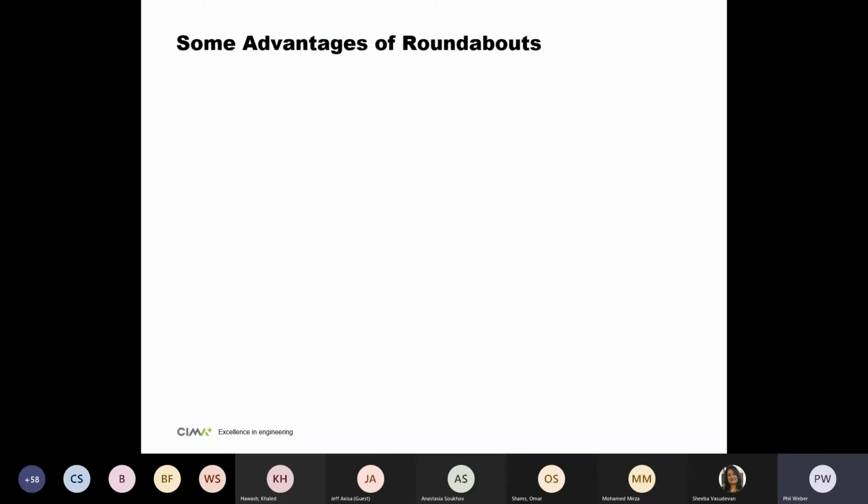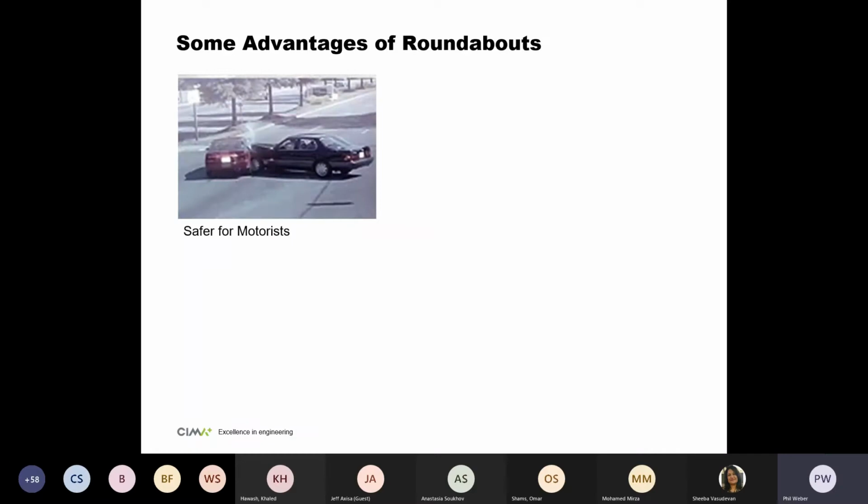First of all, some advantages and disadvantages of roundabouts, just to give a very quick high level, and I'll keep this to just 2 slides. One of the big advantages, and a reason that road agencies are putting them in, is that they're safer for motorists. One of the reasons they're safer is that we avoid these types of crashes, the T-bones and right angle crashes that injure people.